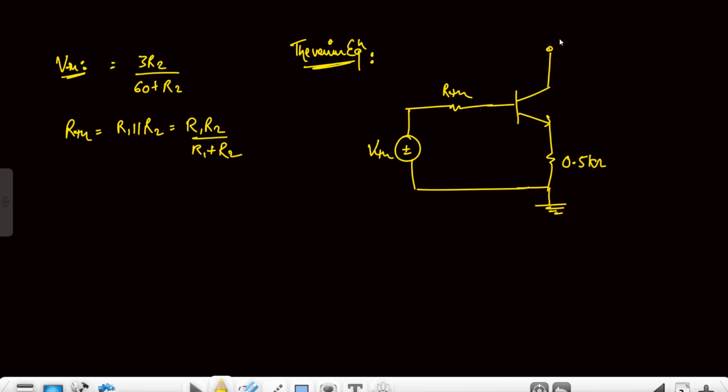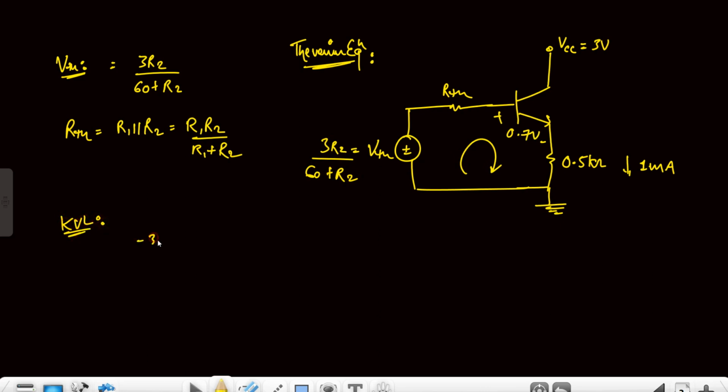Here VCC is 3 volt, and 1 milliampere is flowing across this resistor, this is 0.7 volt, and this is 3R2 upon 60 plus R2. Now simply applying KVL in this loop: minus 3R2 upon 60 plus R2, plus 0.7 and plus 0.5 equals 0.